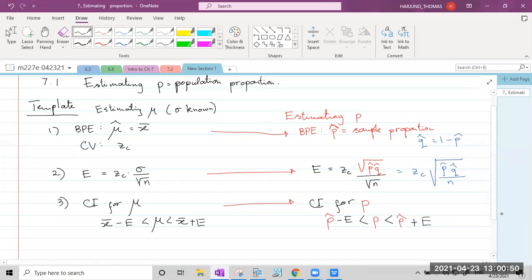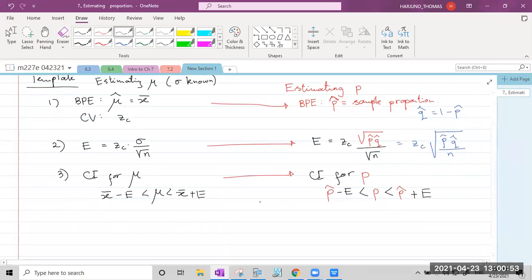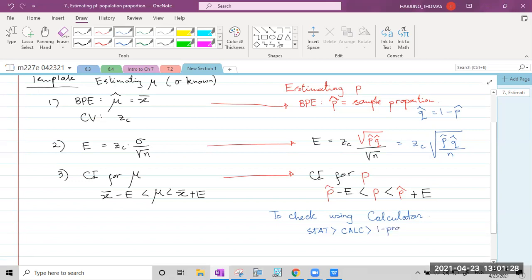Now, if we need to use a calculator to check, you will use STAT, then CALC, and then that will be 1-PropZInt, 1 proportion z interval.